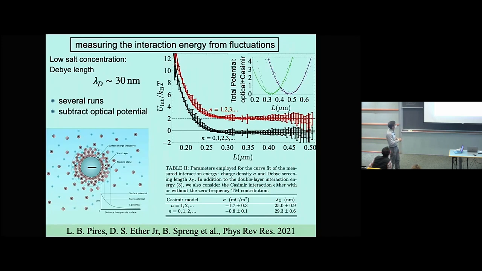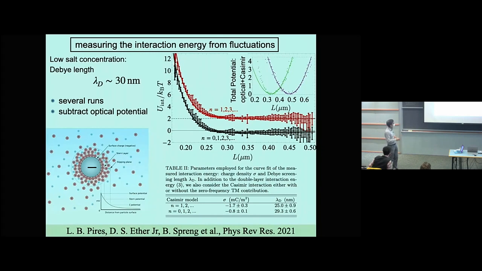The experimental data here are the same, only compared with different models for the Casimir force, with or without the zero frequency contribution, which according to us should be there, but according to other colleagues perhaps it's not. We have different results, but it's difficult to say anything; both fits are okay, and the parameters are also what we would expect.